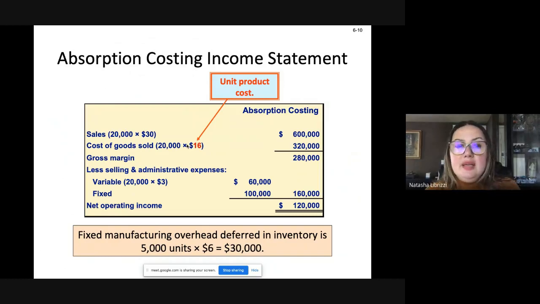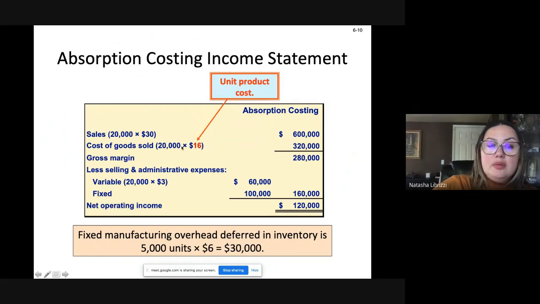So sales of 600 minus cost of goods sold of 320, our gross margin is 280,000. Under this, again, it's only the 20,000 units sold. Less selling and administrative expense: we have variable cost of 20,000 times 3. We have to include that because remember, it's a period cost. Plus our fixed cost of 100,000, which is a period cost, gives us net operating income of 120.